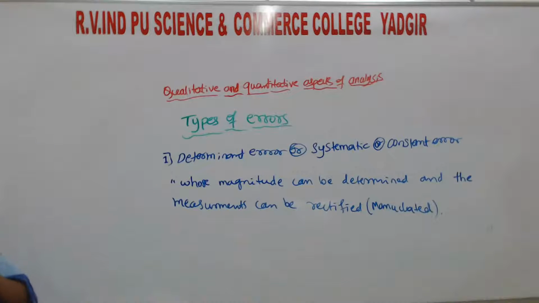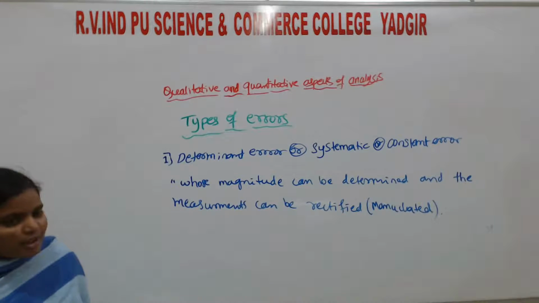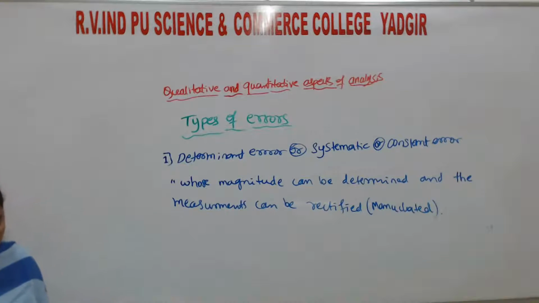A determinate error is characterized by the fact that it affects the results of a series of determinations to the same degree. This systematic error depends on two factors.